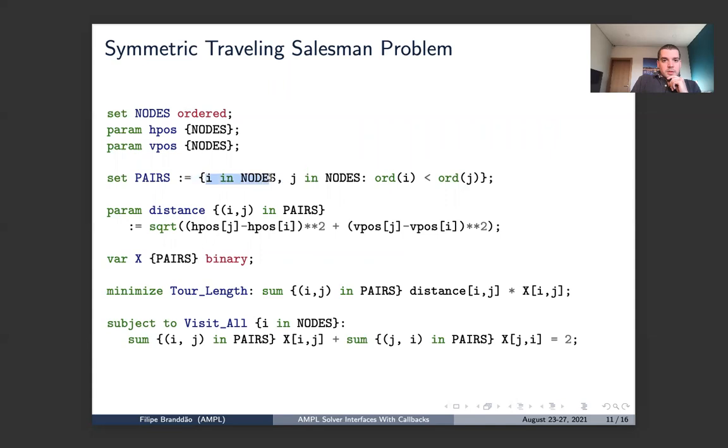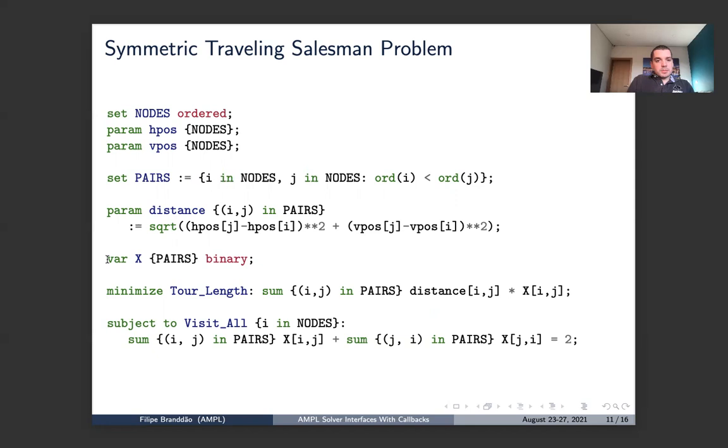And we have i, j in nodes for every pair if the order i is smaller than j, so if i appears before j in this ordered set nodes. Distance, we are calculating this parameter distance automatically, using square root, also to show the syntax.